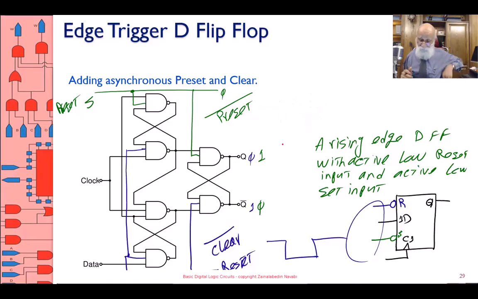Let's do something. Let's do a Verilog description for a rising edge D flip-flop with an active low reset input. Okay? I don't want the preset or the set input. I just want to implement this in Verilog.